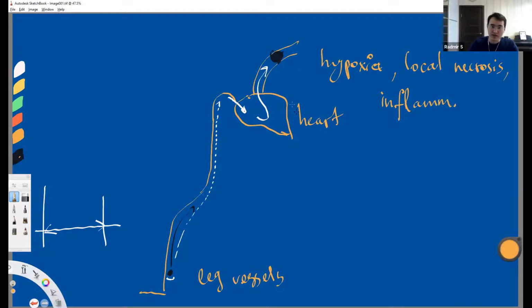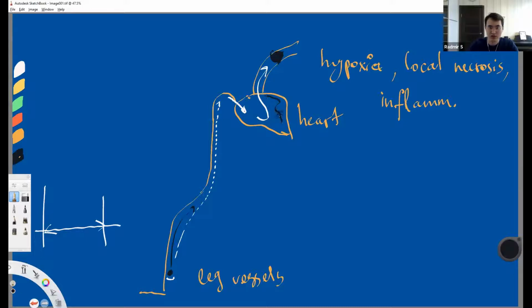So this is very dangerous, but it might be even more dangerous if these thrombi get to the brain or to the heart. So let's say that they block the coronary vessels.